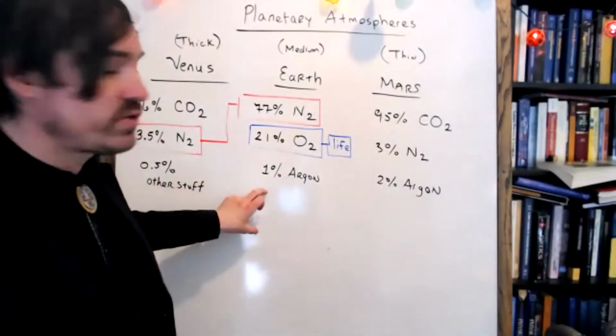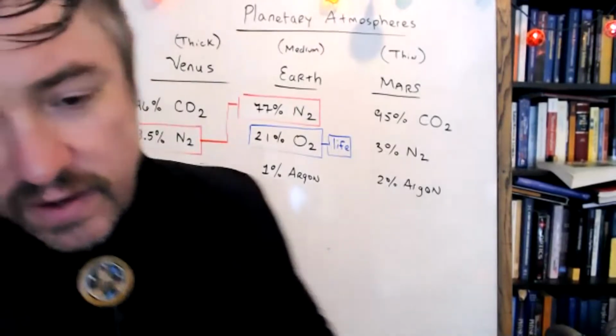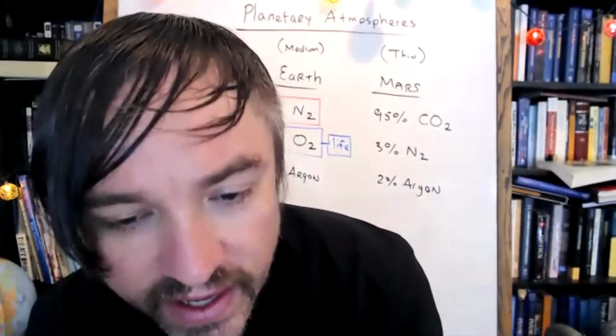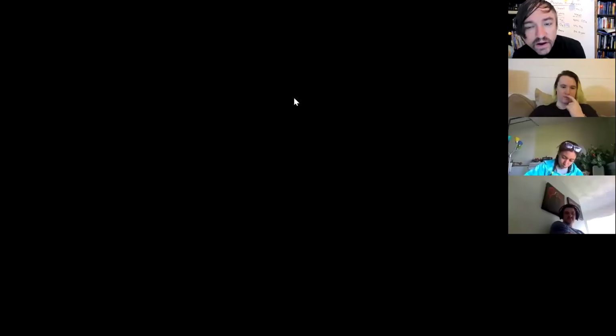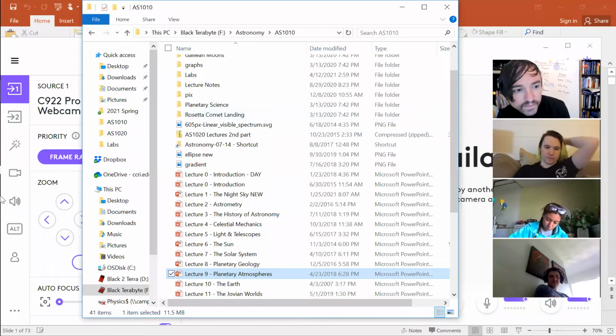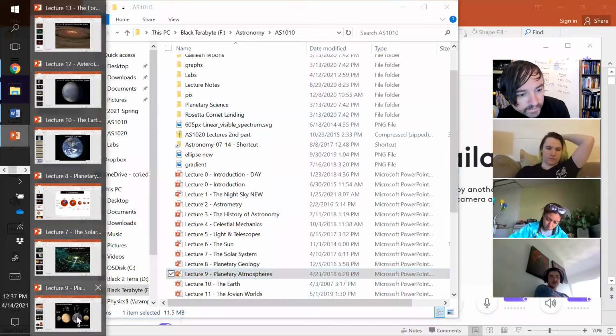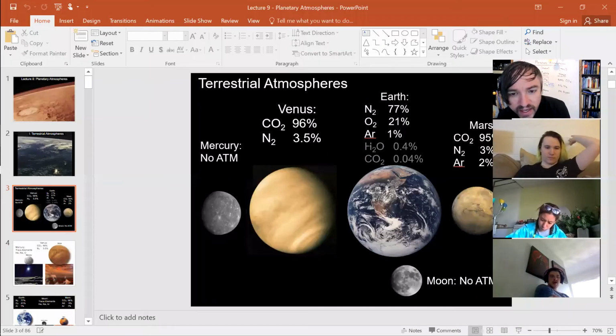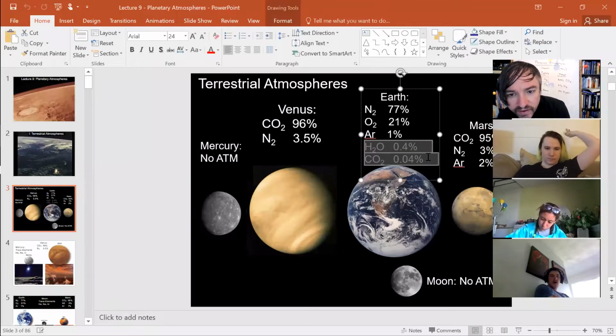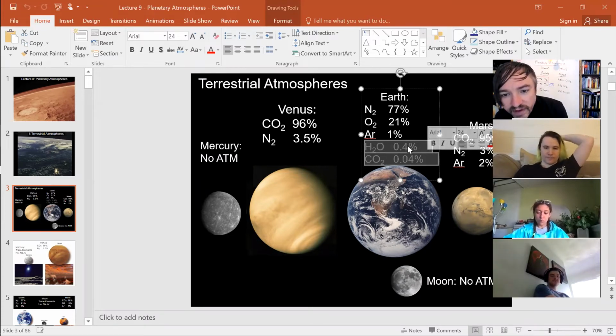I want to talk about trace atmospheric gases on Earth, because these trace atmospheric gases sometimes have a very large effect on the planet itself. In the case of Earth, two that really scream out for attention are the percentage of Earth's atmosphere that's comprised of water and CO2. And the numbers are kind of easy to remember.